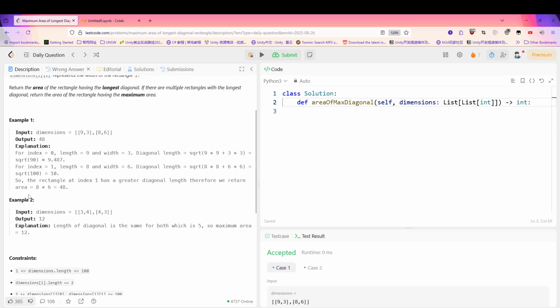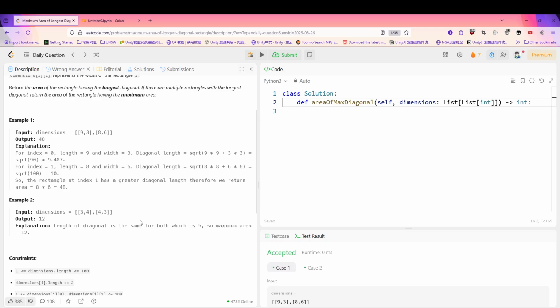Okay, for example 2, we input the dimensions 3, 4 and 4, 3, and both of them have the same diagonal length because they have the same calculation. It's 3 squared plus 4 squared, and 4 squared plus 3 squared.